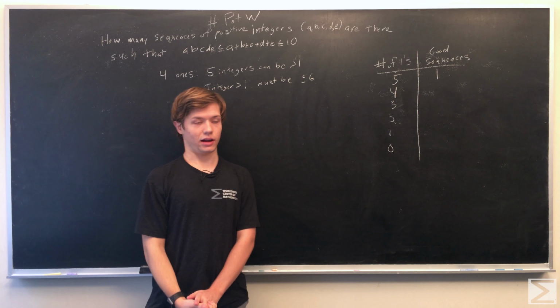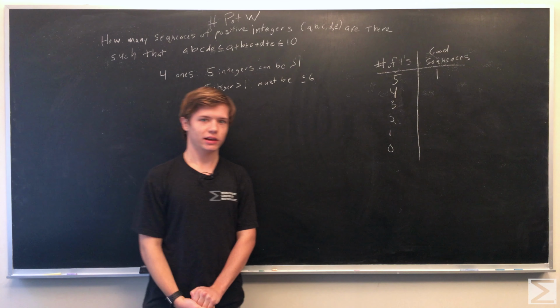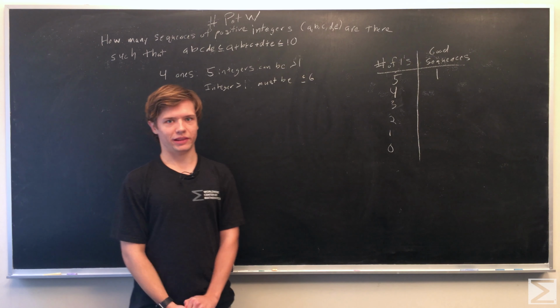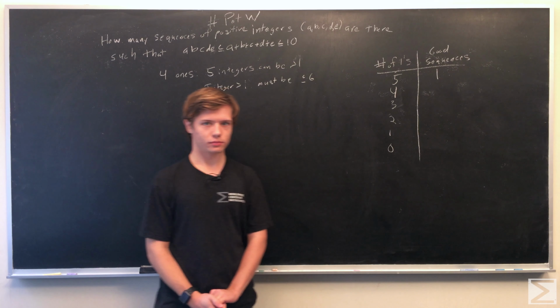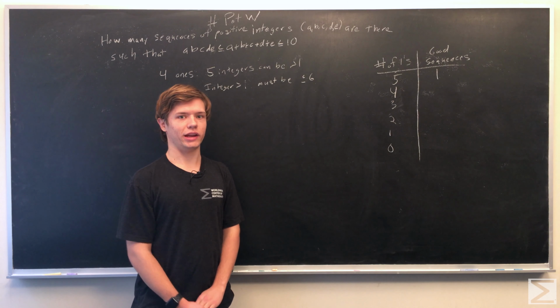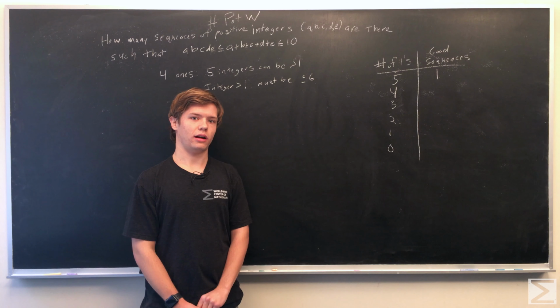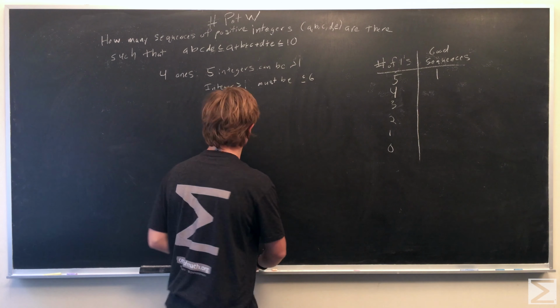So now that we've set the conditions that it's greater than 1 and less than or equal to 6, there are 5 possibilities for the remaining integer, 2 through 6. Once we have 5 possibilities, we can set any one of the 5 integers to be that value. So we know that there are 25 good sequences if there are 4 ones.